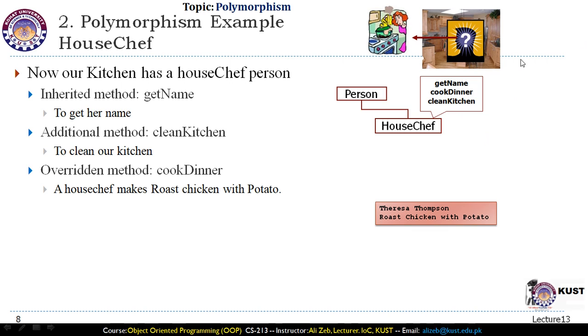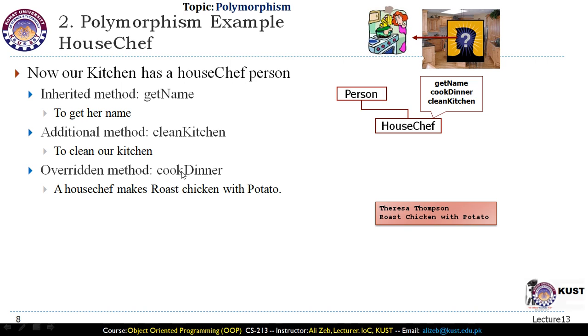And we said that we can add additional functionality to our classes along with the functionality that it is extending from the super class. So from the super class it is extending the getName method and the cookDinner method, while it is adding another method, the cleanKitchen method, to clean our kitchen.